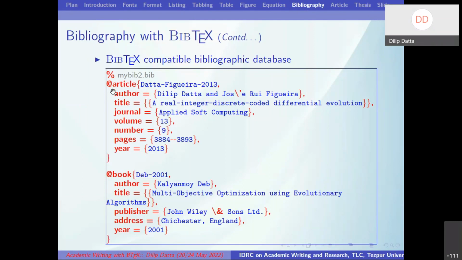Okay, so first one I have shown here, this is one article. So how it is indicated? Ampersand article. Then the article, this reference is given some name that is called key of this reference. Unlike this numbering, general concept is numbering.